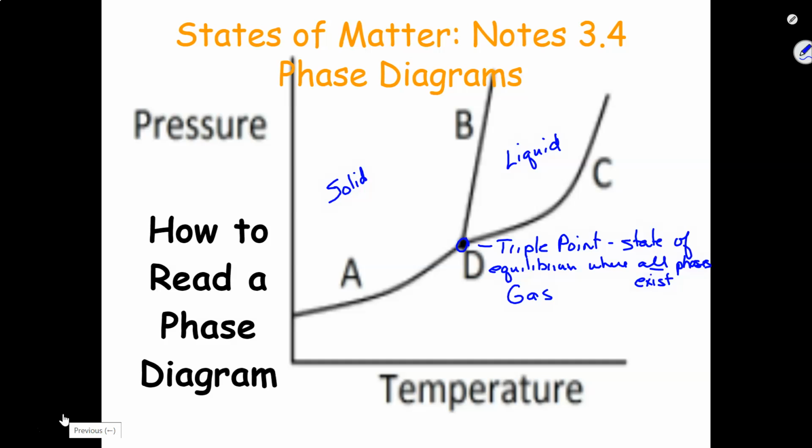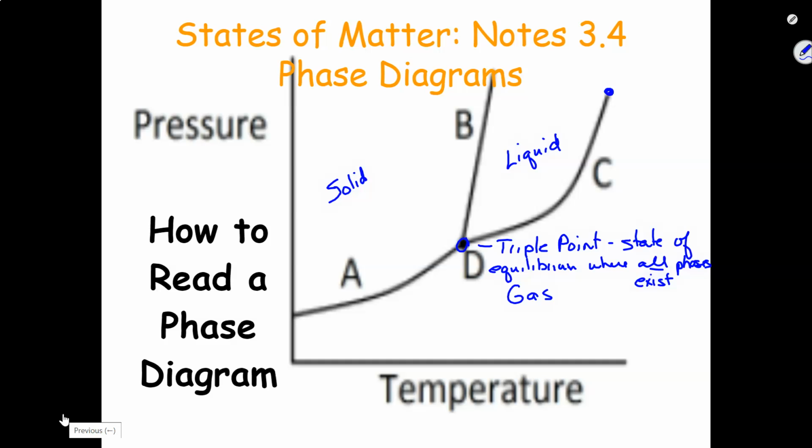So in other words, a solid, a liquid, and a gas of this substance could all exist at that temperature and that pressure, whatever that is. This phase diagram does not have any values on it, so we're just kind of pointing out the main parts of it. Now, the other point on here that is significant is this point here.